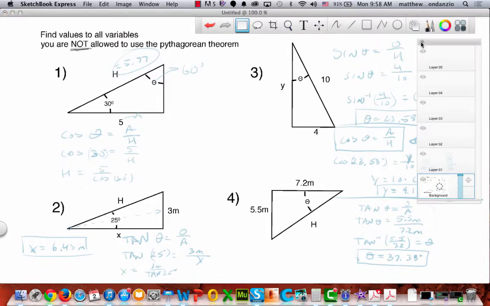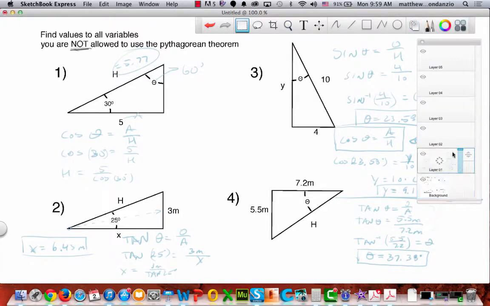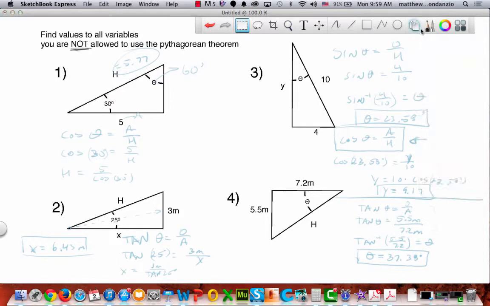The reason I'm okay with that is I know you've got an equation with variables, and I can give you partial credit. If you went right to this point here, you wouldn't get full credit. Does that make sense?